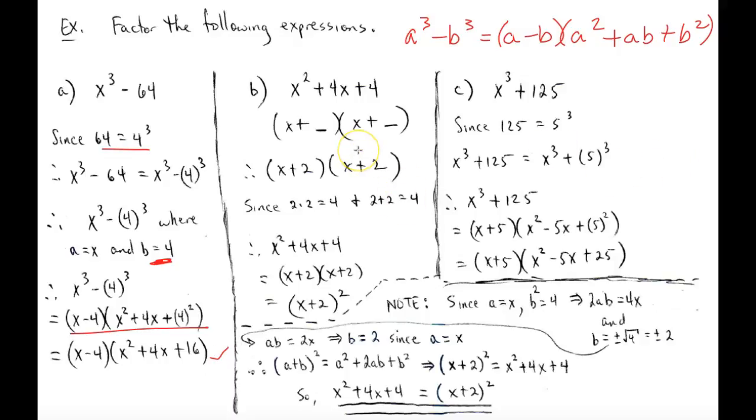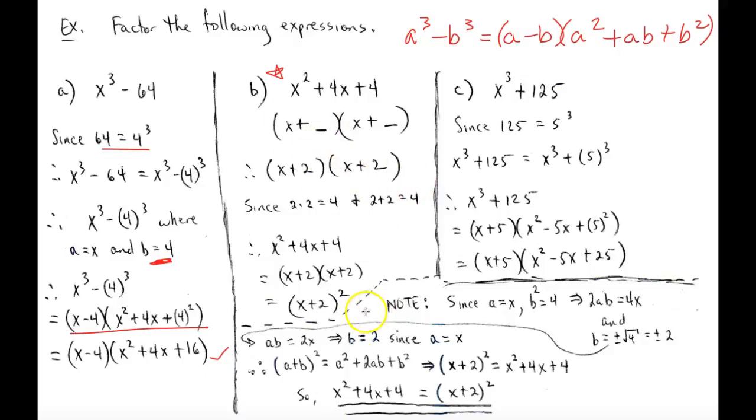All right, so for example 2, we've already seen this question before. We did this whenever we were talking about factoring via trial and error. But you'll also see that we can actually do this another way.